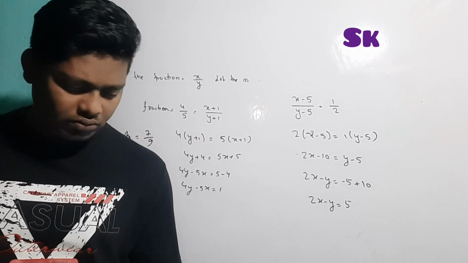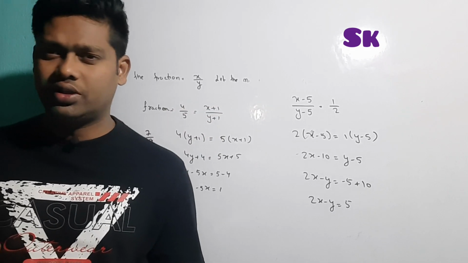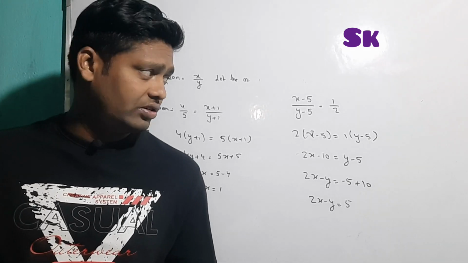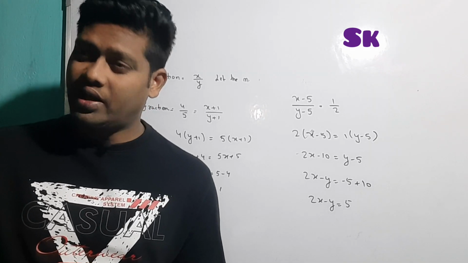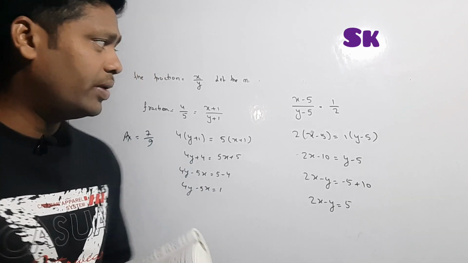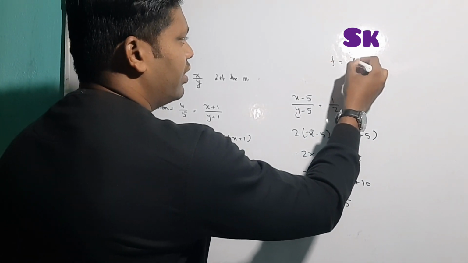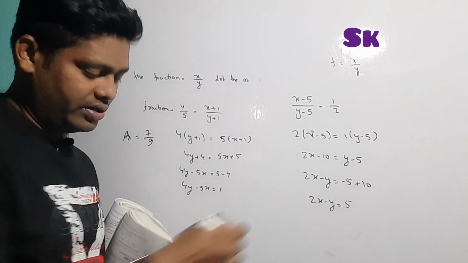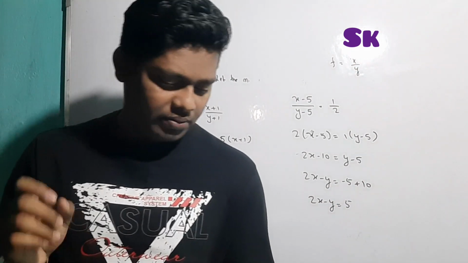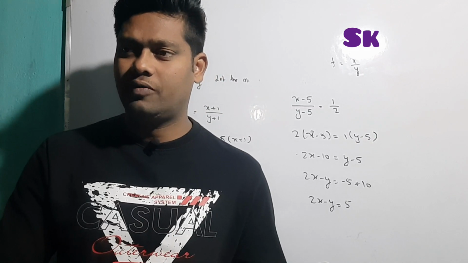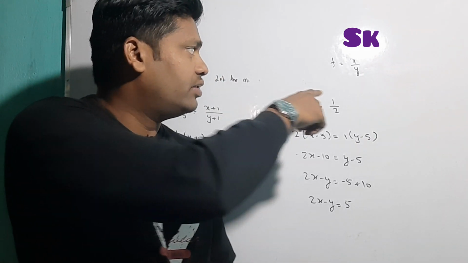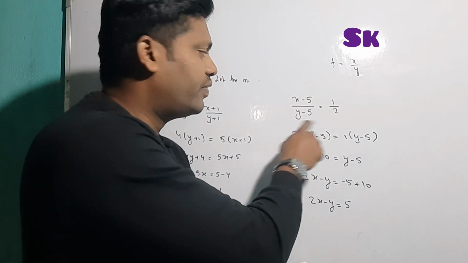Again, wait. From the starting of the question, they are saying that you have some fraction. We don't know the fraction. So x and y, numerator x, denominator y. So from there, the fraction will be x by y. Now again he is saying that I am subtracting 5 from both the numerator and denominator. 5 subtracted, 5 subtracted.